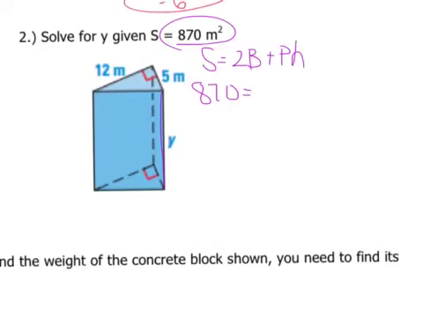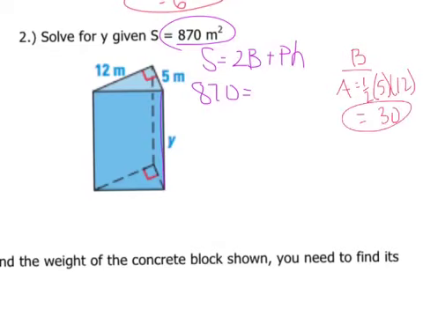Well, can I find the area of the base? Carrie, what's the area of the base? 1/2 times 5 times 12. Good. Which is what? 30. So now I know the area of the base. Now I can fill that in to the capital B.